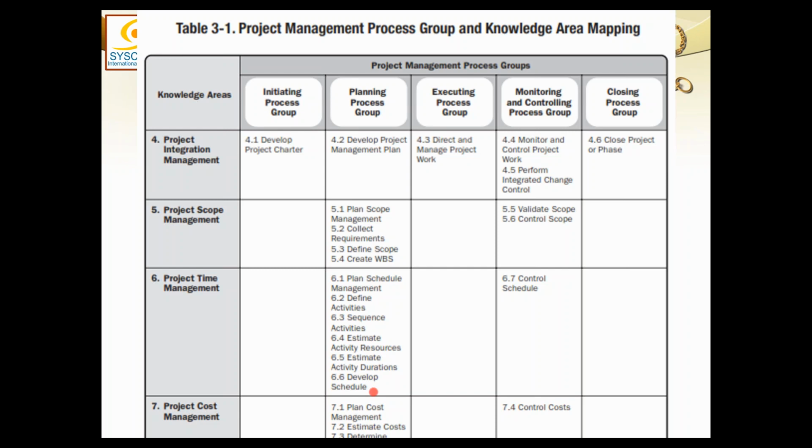Okay, sir. So I also said that there could be as many baselines as there are knowledge areas, but it is not important to have a baseline for every plan. Why? Because with the exception of these three project objectives, scope, time and cost, all other knowledge areas are dependent on these three things.